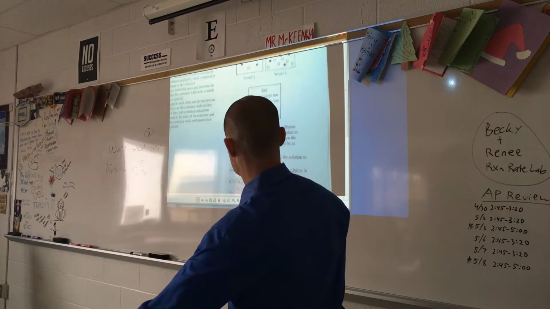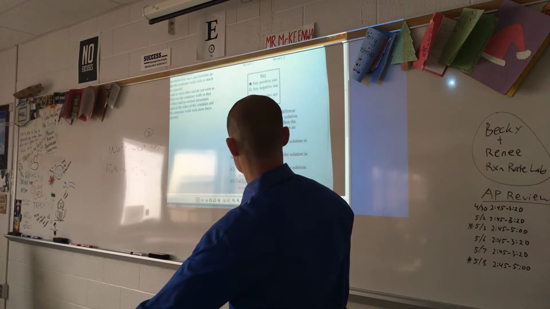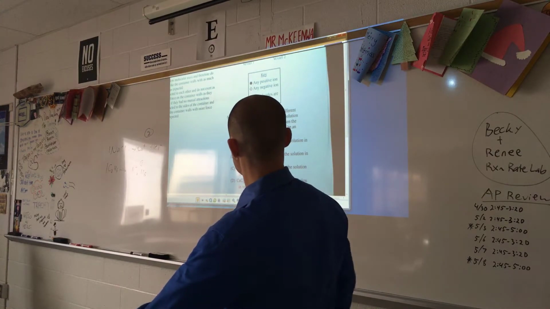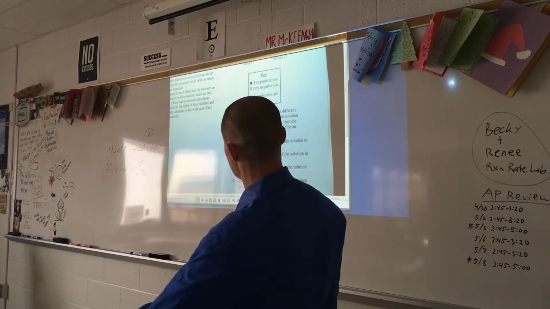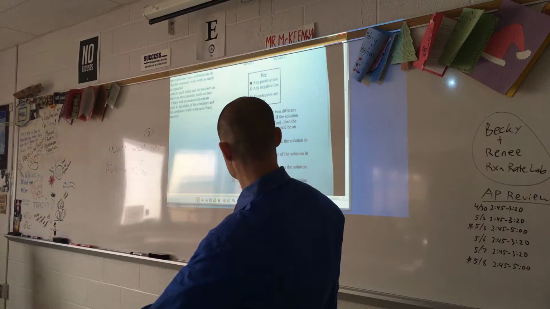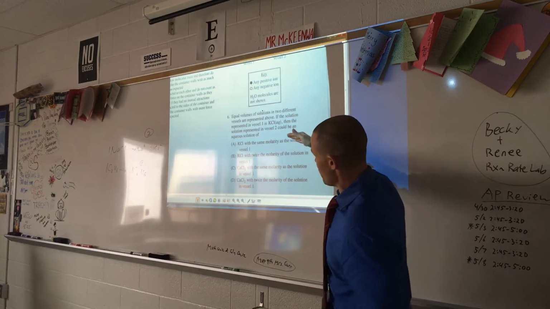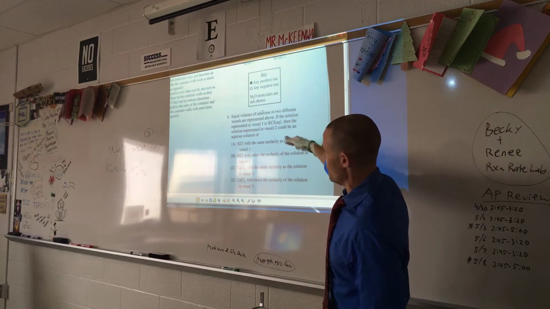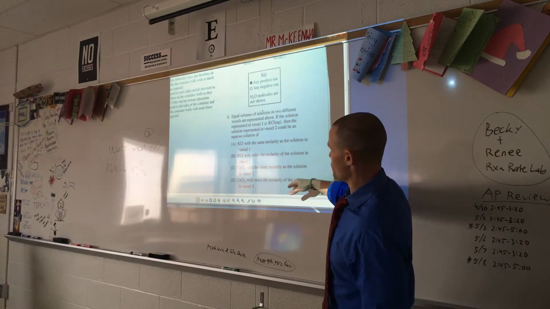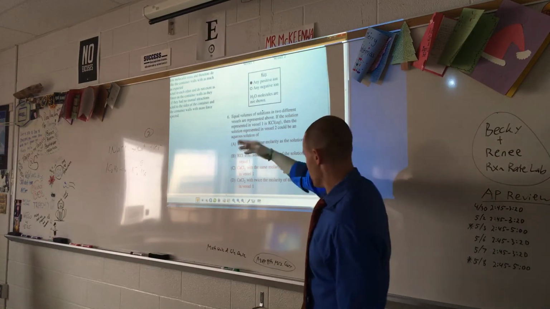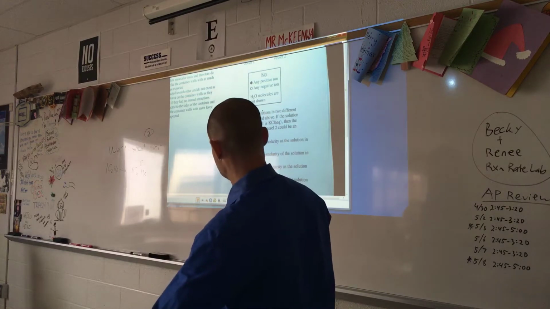They want to know vessel 2 could be a solution of KCl with the same molarity as vessel 1, KCl with twice the molarity of vessel 1, CaCl2 with the same molarity of vessel 1, CaCl2 with twice the molarity. So our options are the same molarity for A and C, except A is KCl and C is CaCl2. B is twice the molarity and D is twice the molarity, and it's KCl versus CaCl2.